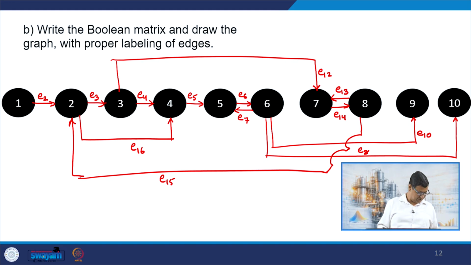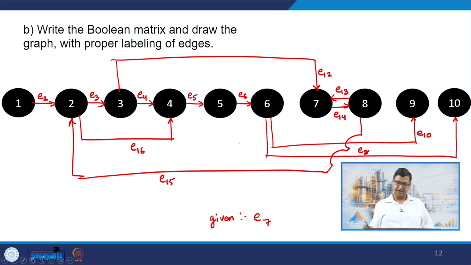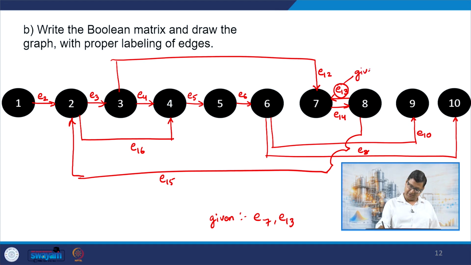So what I do here is I choose E7 as given, and once we choose E7 as given, I can delete this particular edge from the graph. Similarly, we can take E13 as given, that is right here, I am taking it as given. So we can get rid of E13 from the graph.